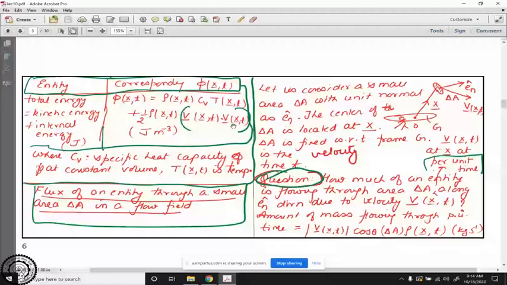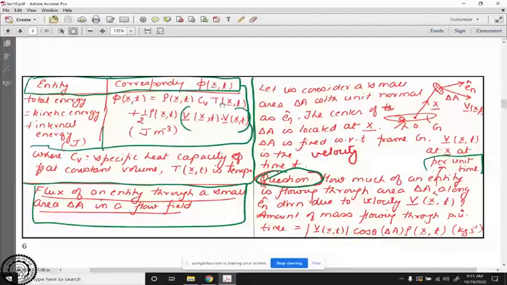So this is the phi corresponding to kinetic energy. The phi corresponding to internal energy will be what I have written here, rho(x,t) times Cv, which is the specific heat capacity of fluid at constant volume, multiplied by temperature at (x,t), right?